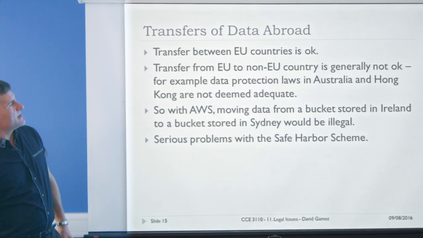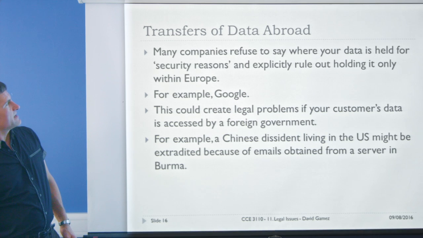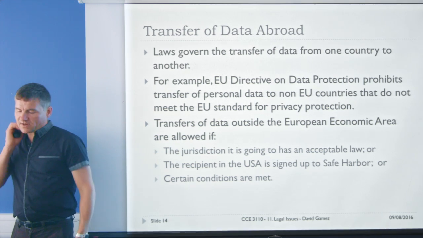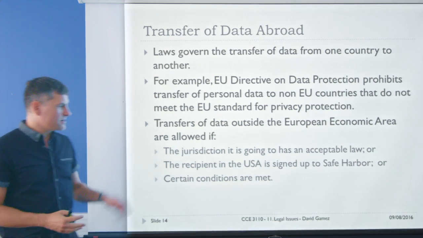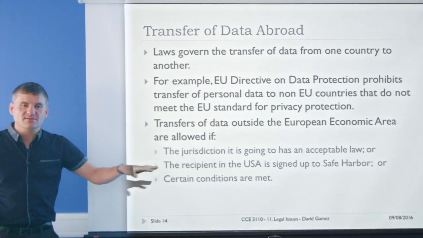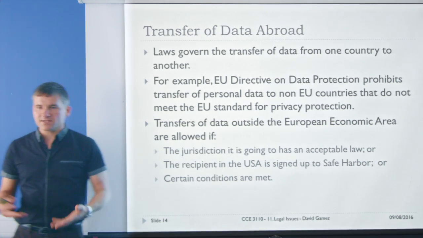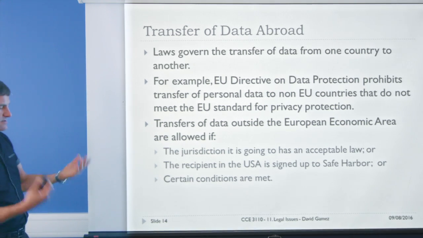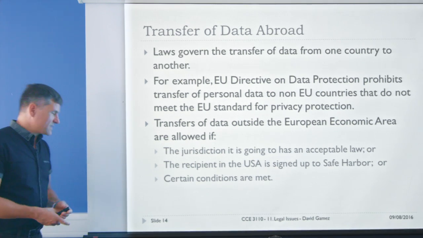The US and EU have this safe harbor agreement. Now, as far as I can tell, the USA does not have particularly good privacy laws. You've got the National Security Agency snooping on all its citizens' data and all the rest of it, as revealed by all these leaks.